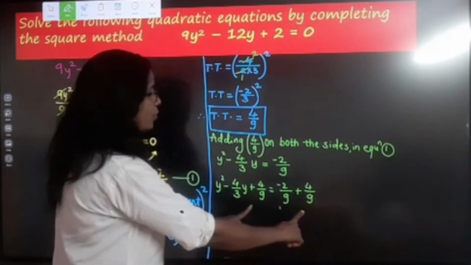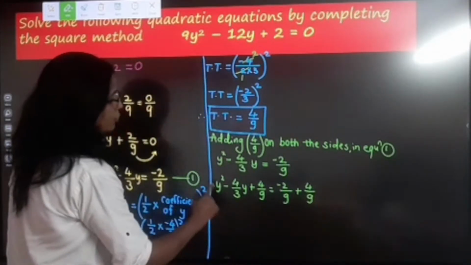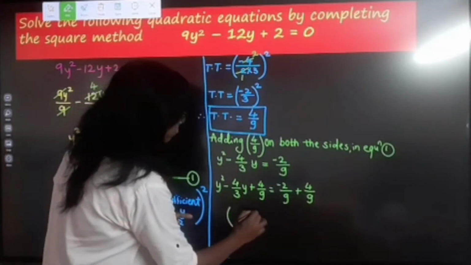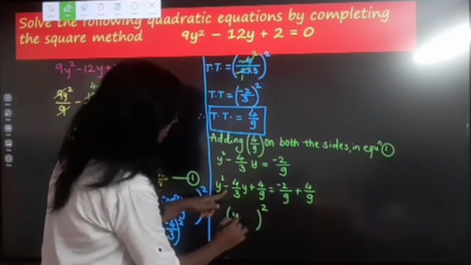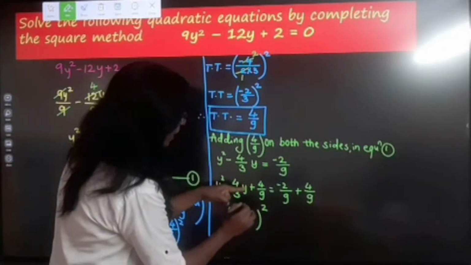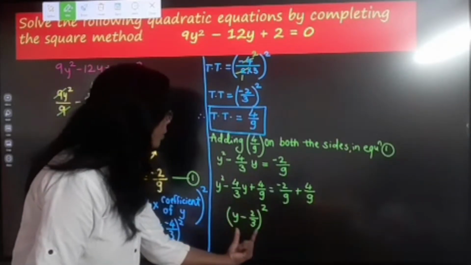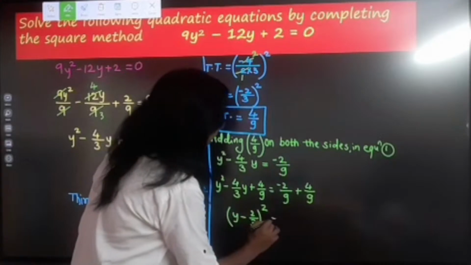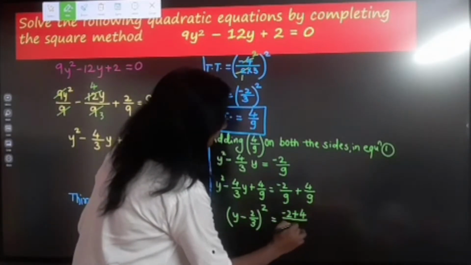Okay, here we add the 4 upon 9 on both the sides. So now students, this is the expansion of y minus 2 upon 3 whole bracket square, because 4 is the square of 2 and 9 is the square of 3. Okay students, and then here minus 2 plus 4 upon 9.